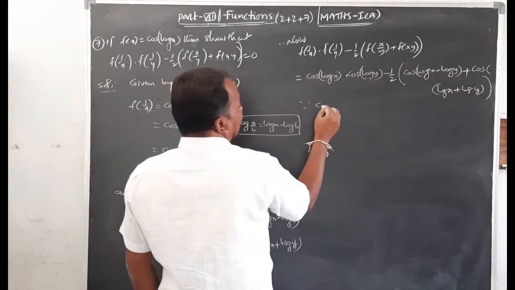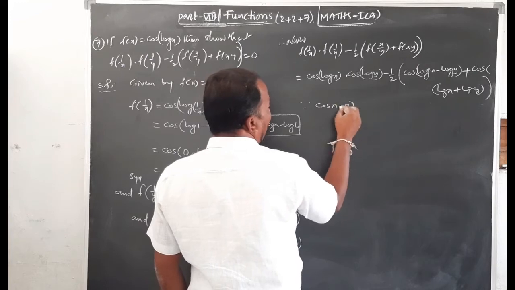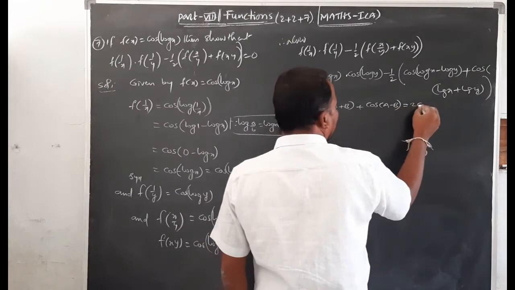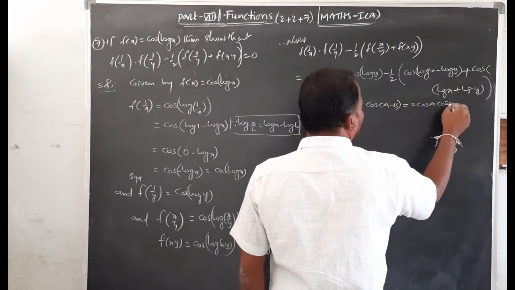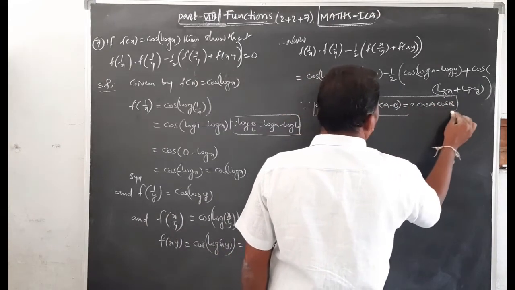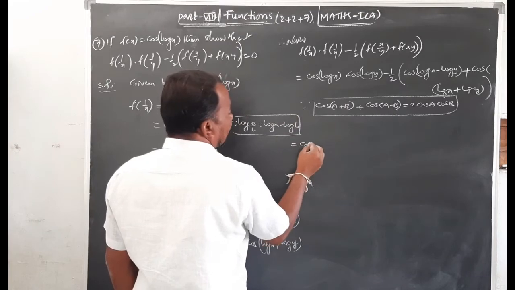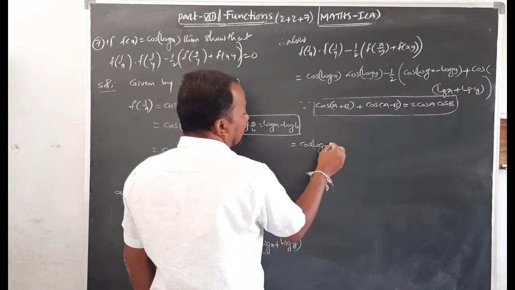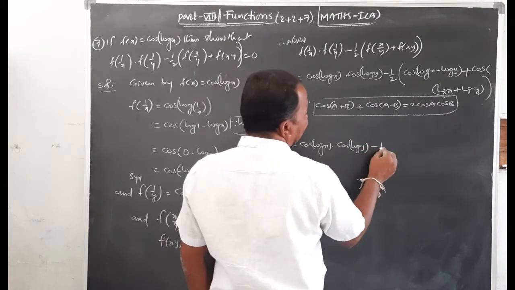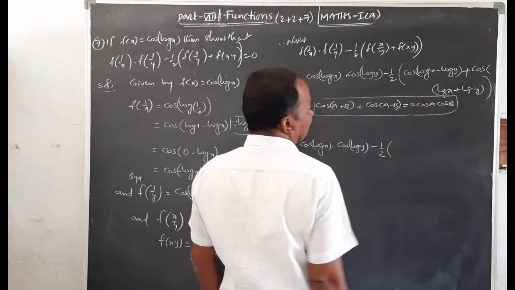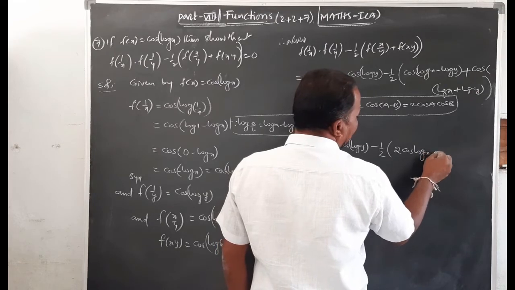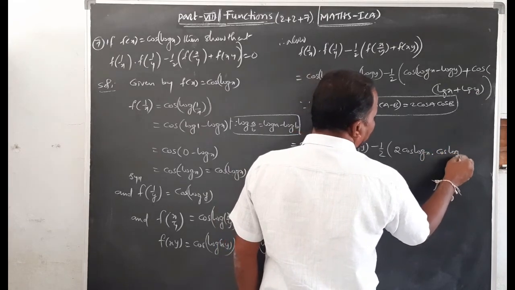Formula: cos a plus b plus cos a minus b equals 2 cos a cos b. So cos of log x into cos of log y minus 1 by 2 of 2 cos of log x cos of log y.